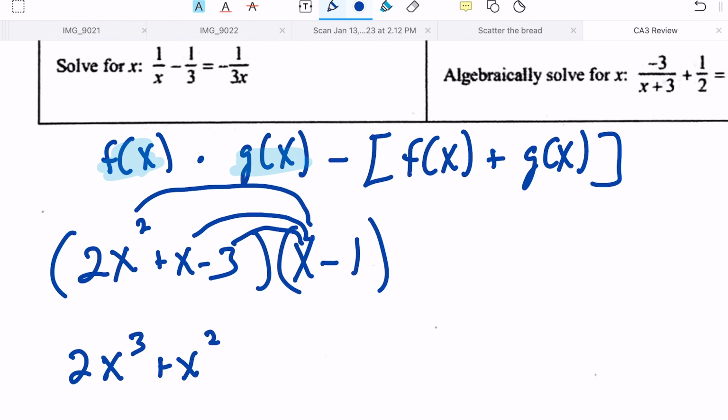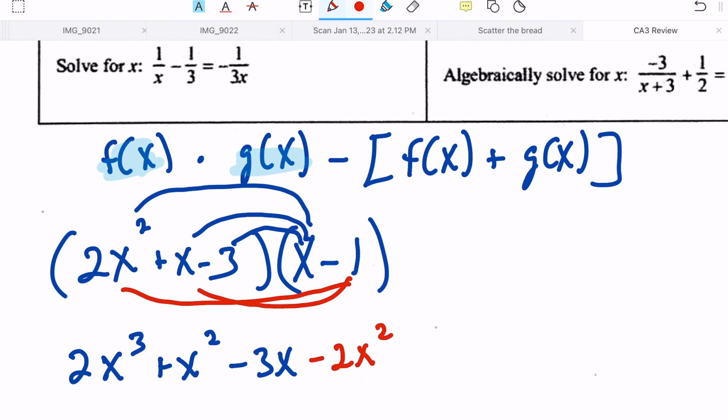X times negative 3, that's negative 3x. Now let's distribute the negative 1. Negative 1 times 2x squared, that's negative 2x squared. Negative 1 times x, that's negative x. Negative 1 times negative 3, positive 3.